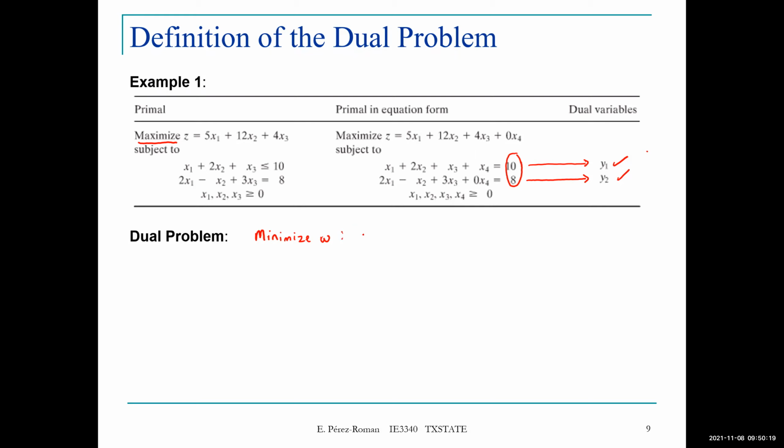So for the objective function of the dual, the coefficients are given by the right-hand side of the original problem, and those are multiplied by the dual variables that we define for each constraint. So this is 10 times y1 plus 8 times y2.